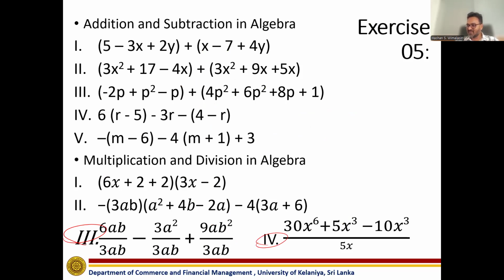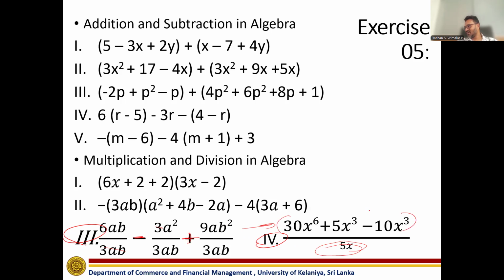In here especially, you can't combine this one and this one, because the minus mark is available here and the plus mark is available there. So likewise, we have to focus on what the ways are. And if you are solving this fourth one, you need to take the common term out of this.